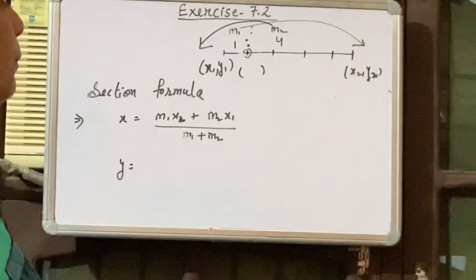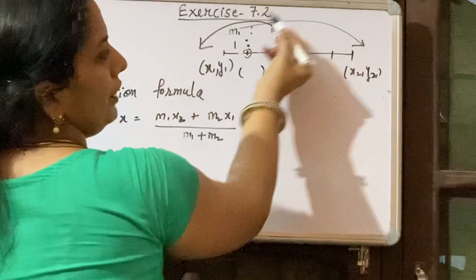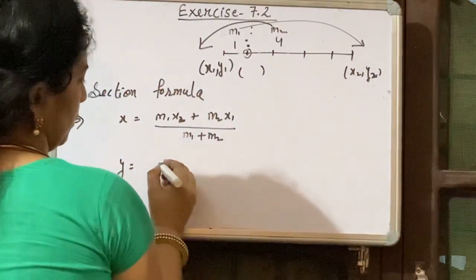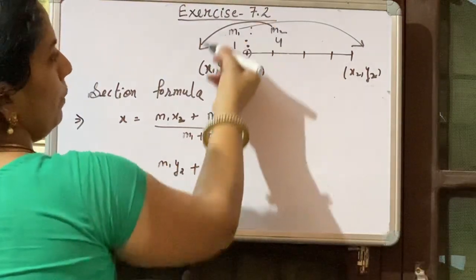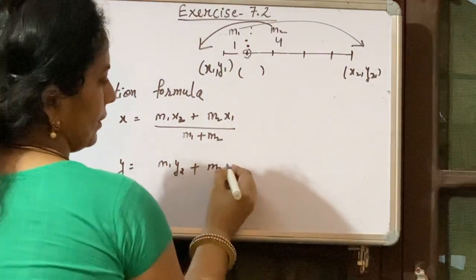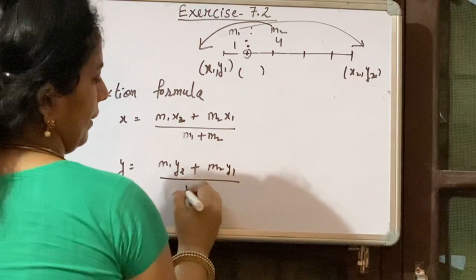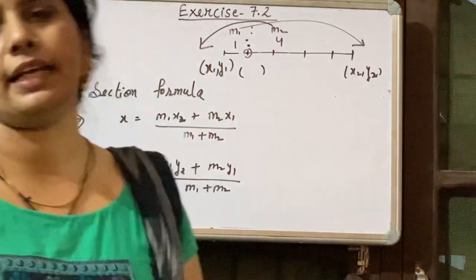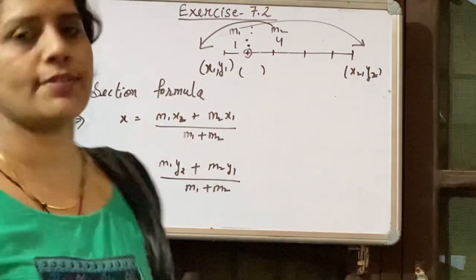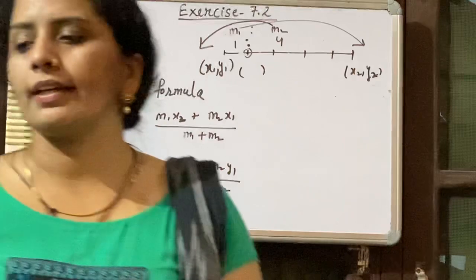Similarly, the second point will be m1 multiply by y2 plus m2 multiply by y1 divide by m1 plus m2. This is the section formula. In this complete exercise, we will use this formula. So let's start our exercise.